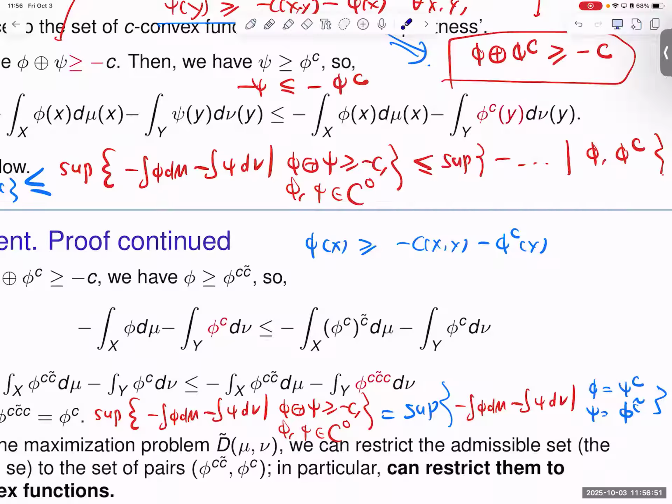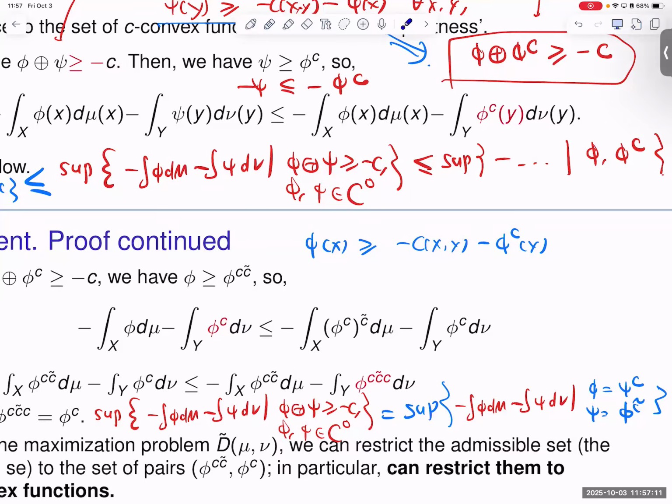So to maximize this functional in the original set can be reduced to finding a maximum of the function in this smaller set. Am I making sense here?